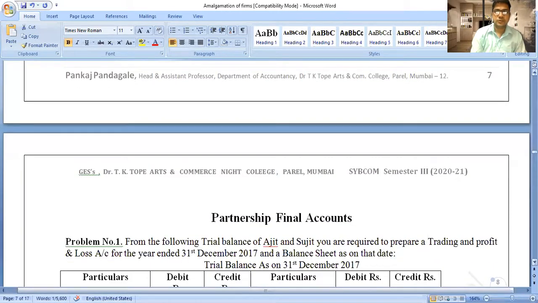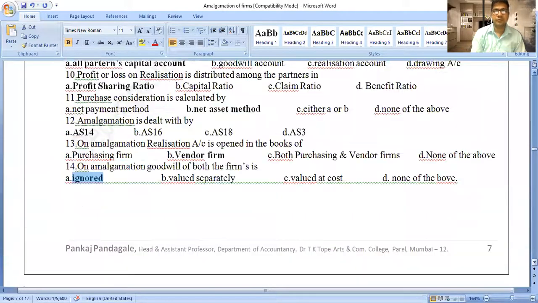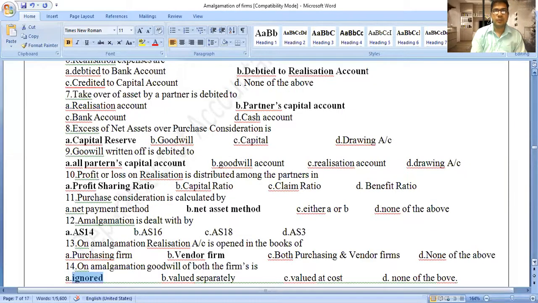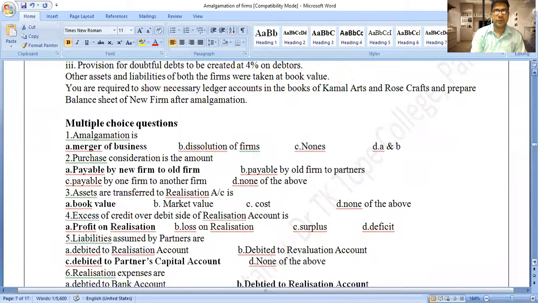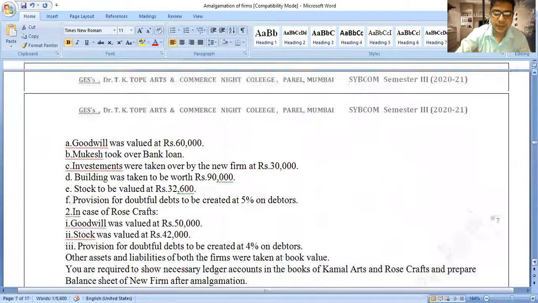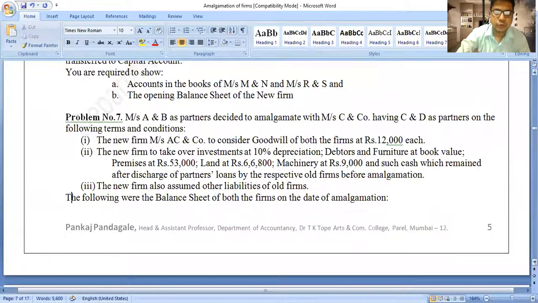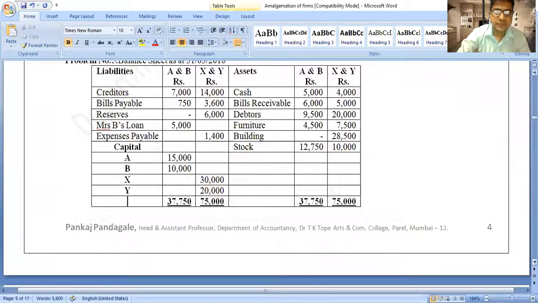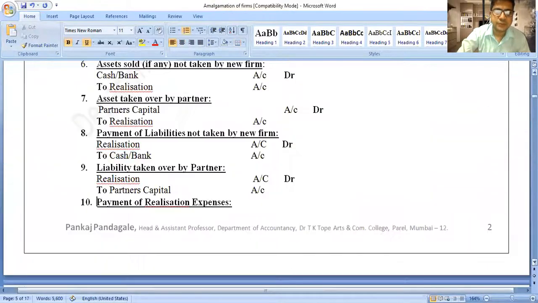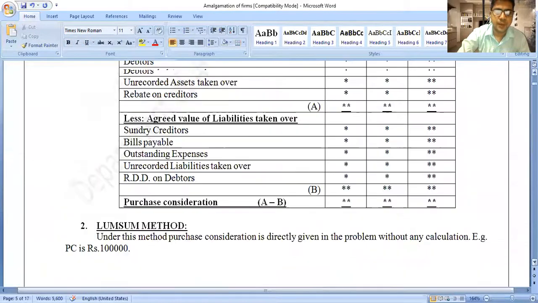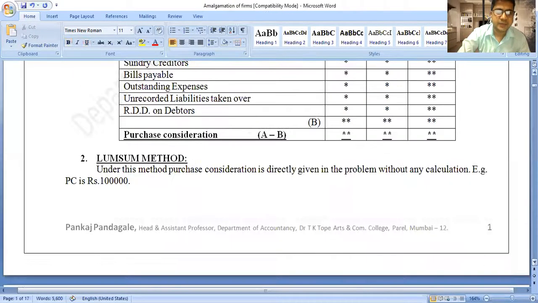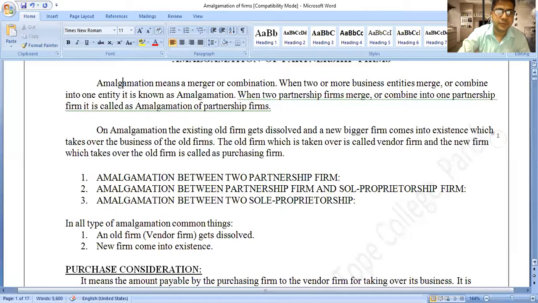Okay, friends. So we studied here 14 multiple choice questions, and we have discussed today how to calculate purchase consideration and which method we have to apply, net asset method or lump sum method.